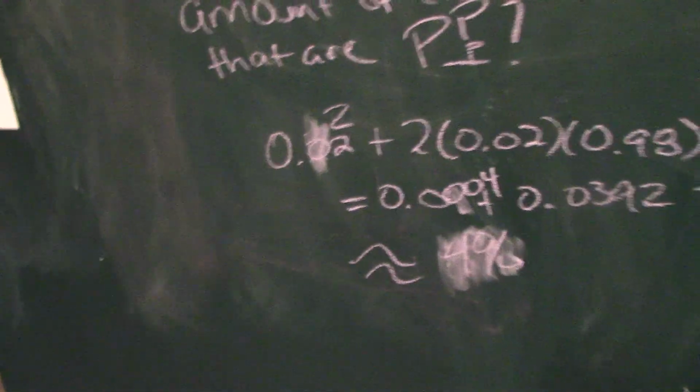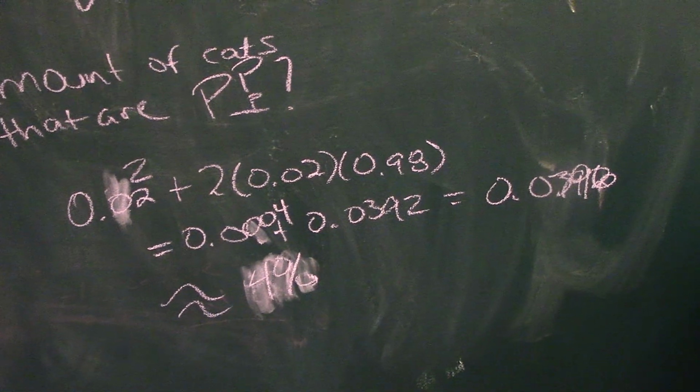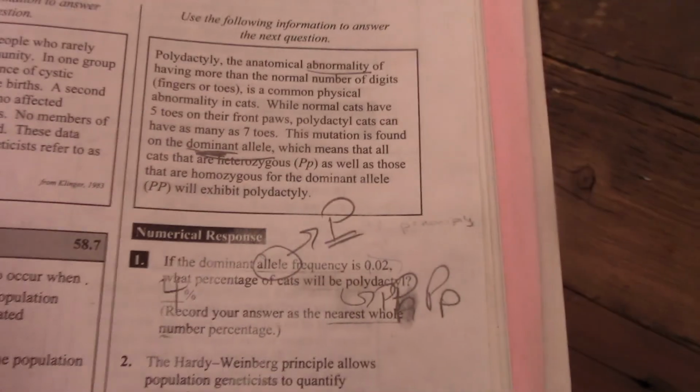My bad. So we're about 4%. Just a quick correction there. So 0.0396 is the answer. Multiply that by 100 to turn it into a percentage, and we get about 4%. So that's numerical response 1, about 4%.